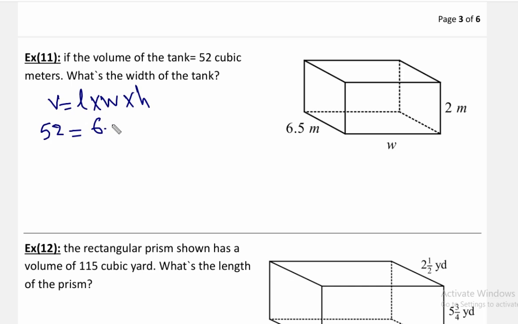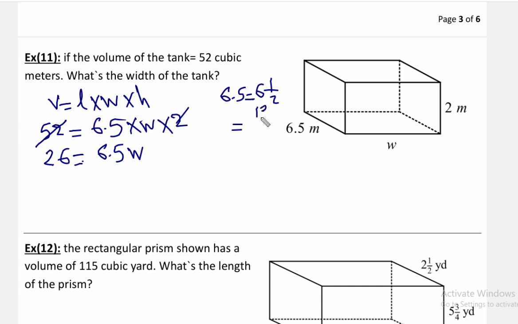Length is 6.5, times width, times height, which is 2. 52 is an even number, so divide by 2, we will have 26 equal to 6.5 W.